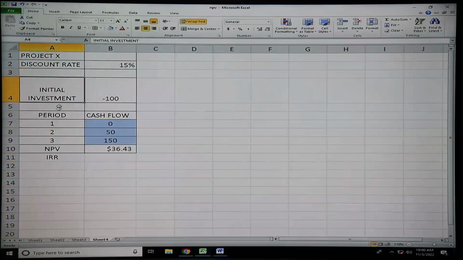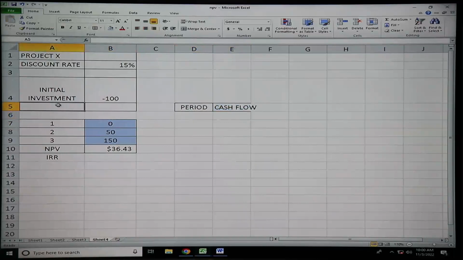Then you will change this, to edit this. You can cut, paste somewhere. Cut this one, paste here.